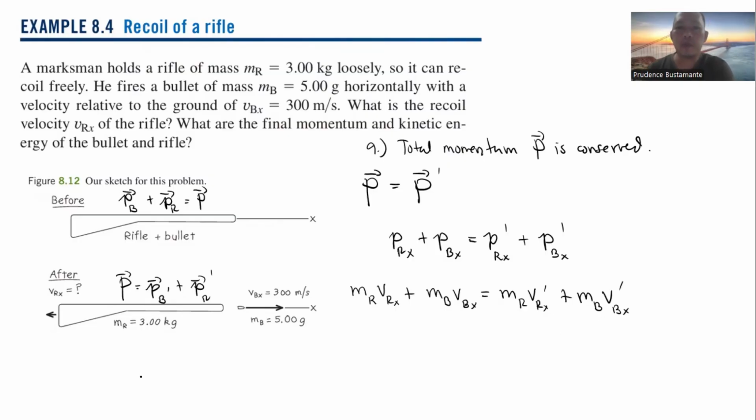Okay, so what does it mean? Before firing, actually, the VRX here is equal to 0, and the VBX here is equal to 0, because there's no velocities yet because it's not yet fired. So meaning, this term in the left side is equal to 0.